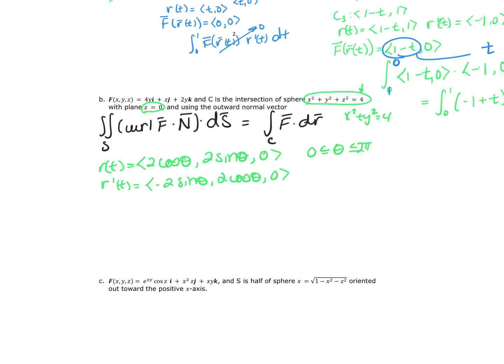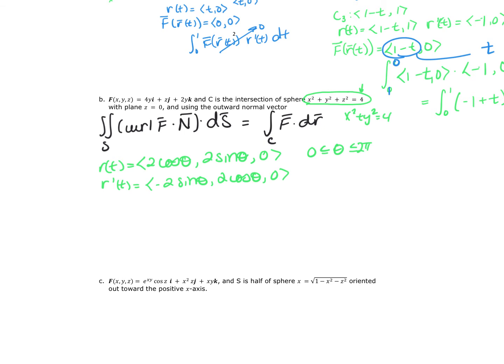So then my f of r of t is going to be equal to, wherever I see y, I'm going to replace it with 2 sine theta, so I'm going to get 8 sine of theta. Oh, I must have 2 y's here. One of these must be an x in my f function. So let me check, because notice I've got y and y.